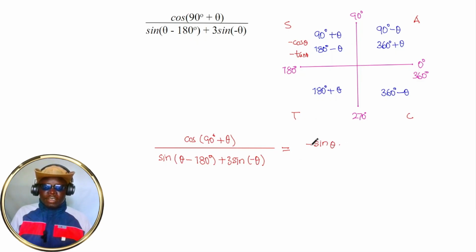Why is it negative? Because of this original expression, cos at second quadrant is always negative. So this sign is taking the inherited sign from the cosine here. Now that is all with the numerator. Again, we can divide this by the angle theta minus 180 degrees.